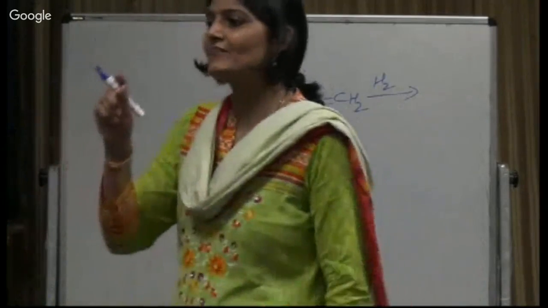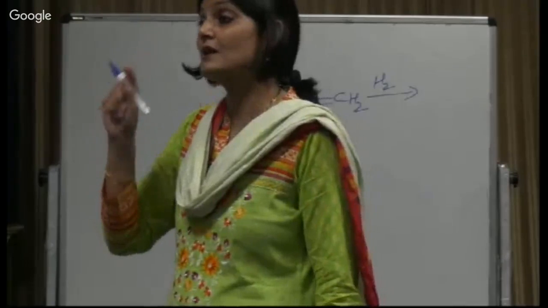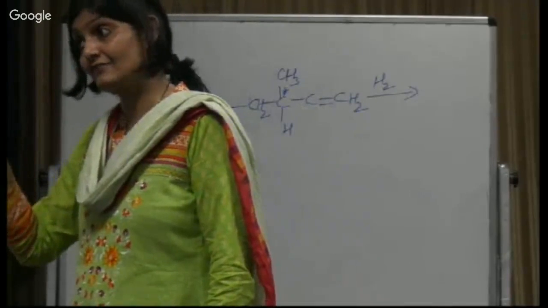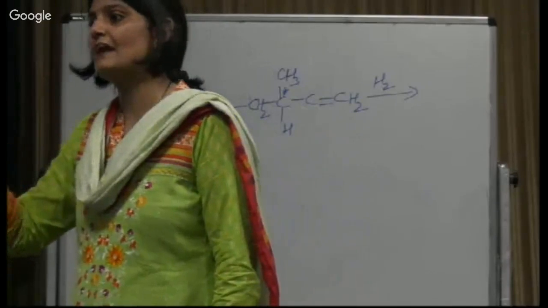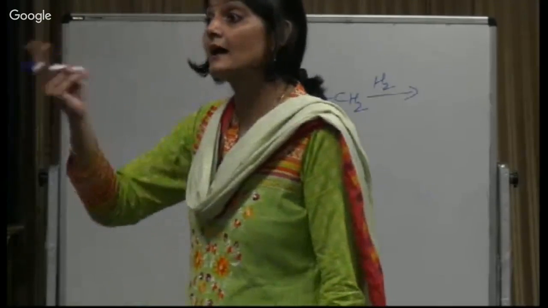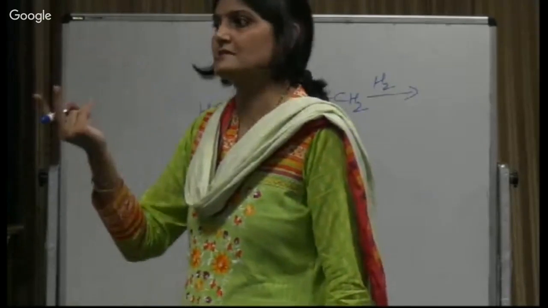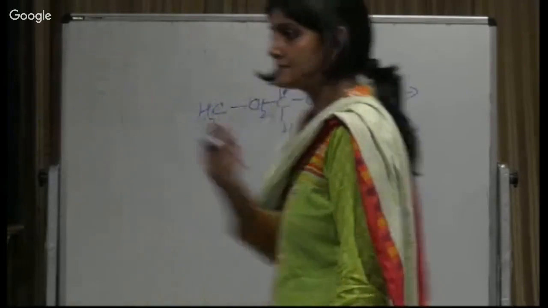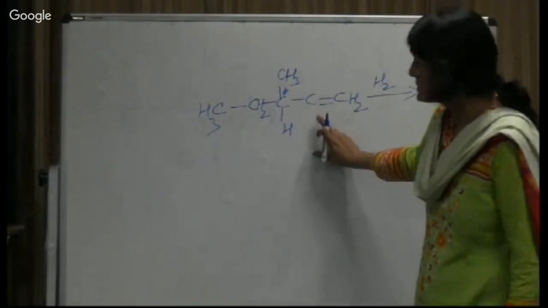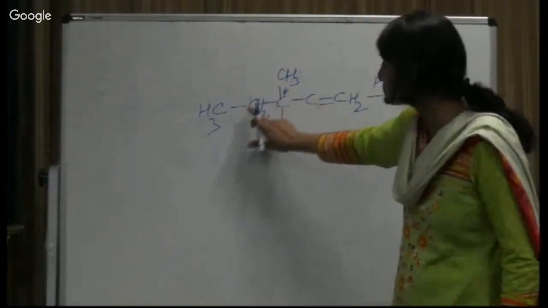So when you have a carbon which has 4 different groups attached to it, it is called a chiral carbon, and that compound will be optically active because of the presence of chirality in the molecule. ठीक है? And then it will exist as a pair of enantiomers, है ना? It will exhibit enantiomerism as a pair of mirror images. This is a chiral carbon because there are 4 different groups attached to it.